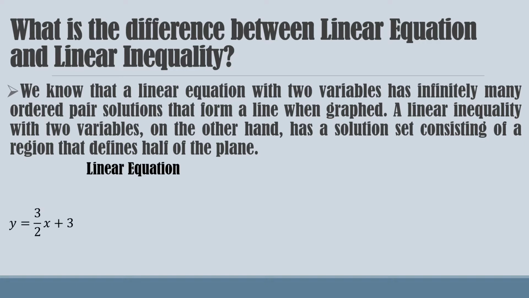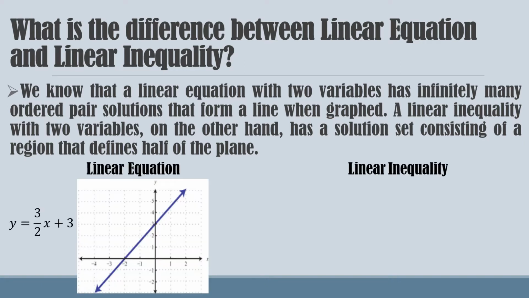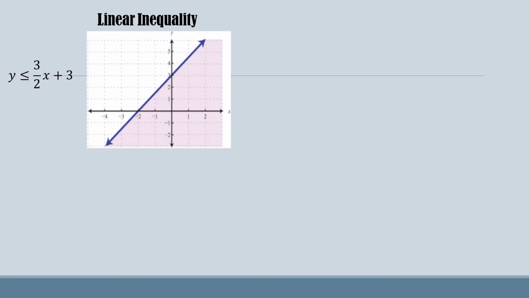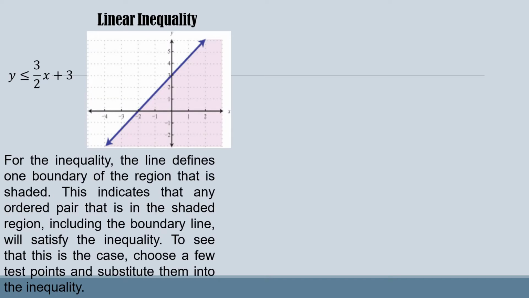And these are the examples showing the graph of each linear equation and linear inequality. For the inequality, the line defines one boundary of the region that is shaded. This indicates that any ordered pair that is in the shaded region, including the boundary line, will satisfy the inequality.